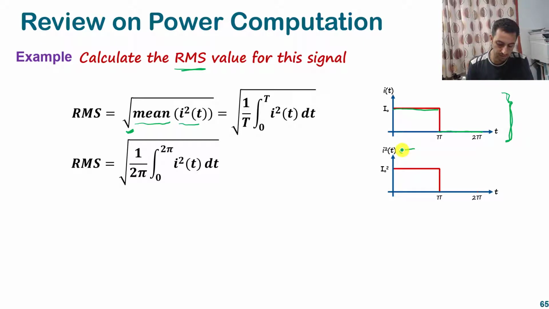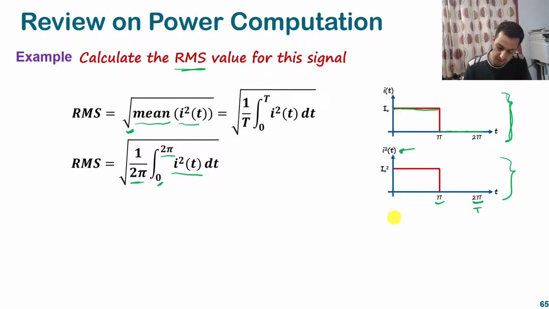So I have here again I naught squared, and it is from 0 to pi, and this is pi because now the period for this is T. This is maybe what we can call the on time. What is I squared of t? I squared of t here has two values.